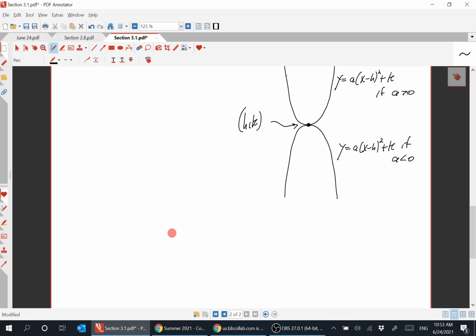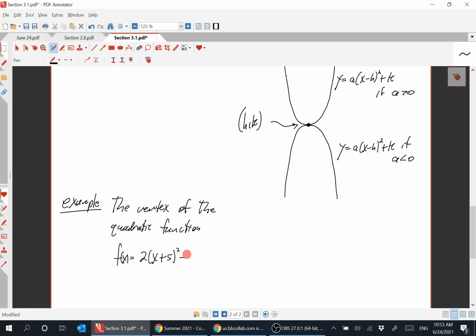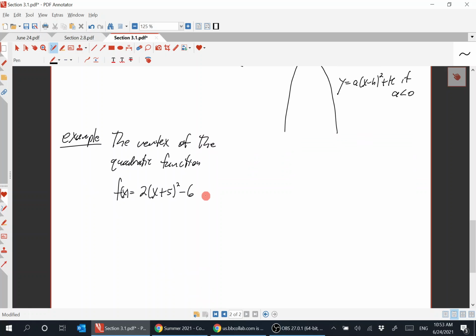So for example, the vertex of the quadratic function f of x equal to 2 times (x plus 5) squared minus 6 is at minus 5, minus 6.